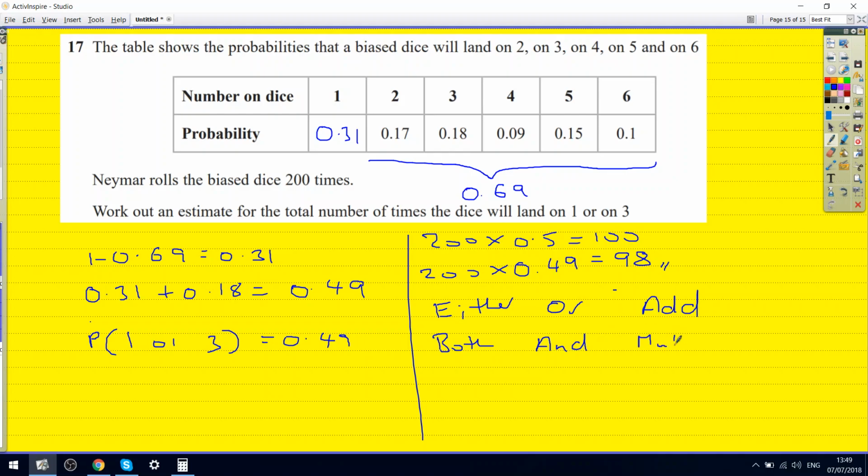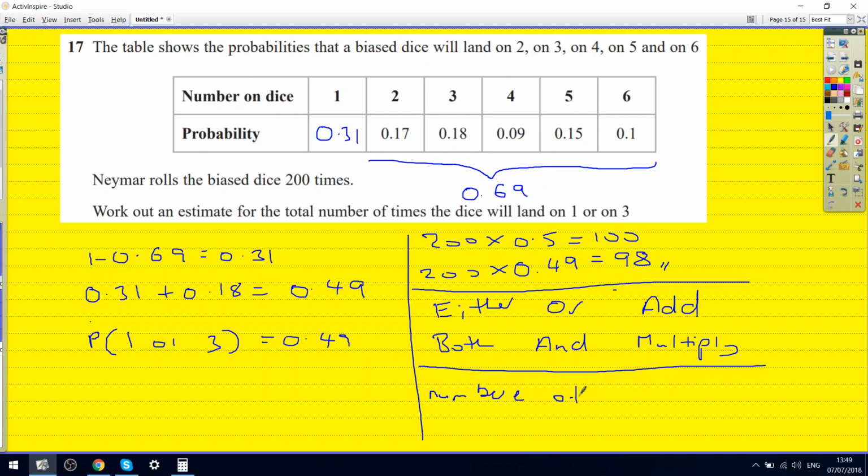For both, you multiply. If you rolled it twice, then you'd multiply the two. And the last thing we did was number of trials, which means the number of throws of the dice in this case.